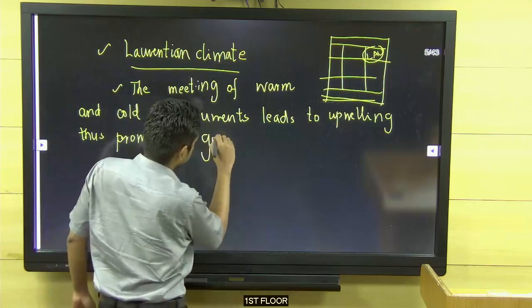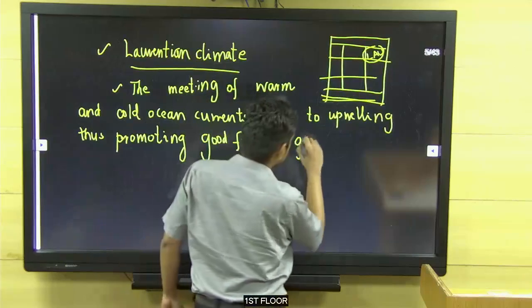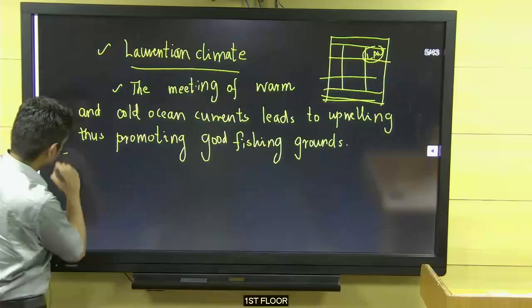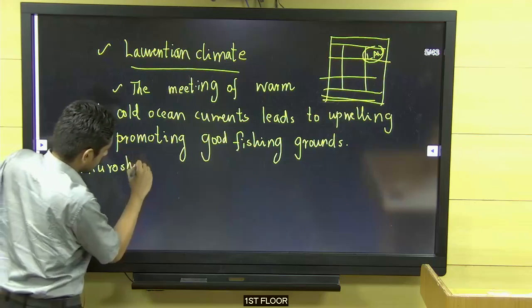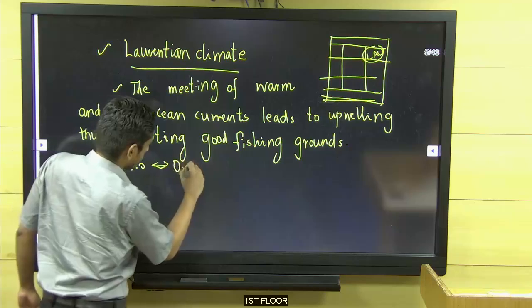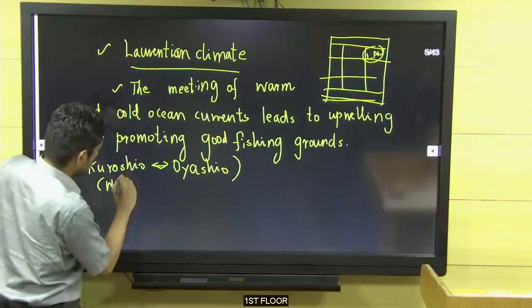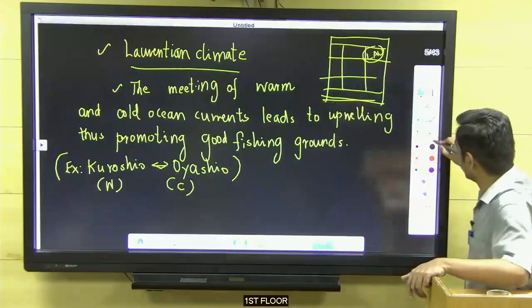Full stop. I'll give one example. Example, Kuroshio meeting with Oyashio. Kuroshio is a warm current, Oyashio is a cold current. Okay.